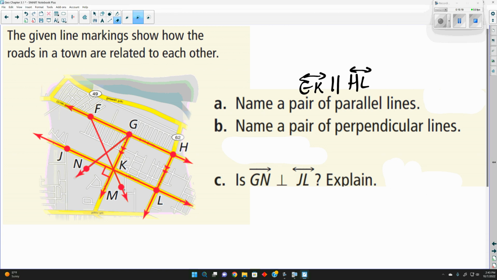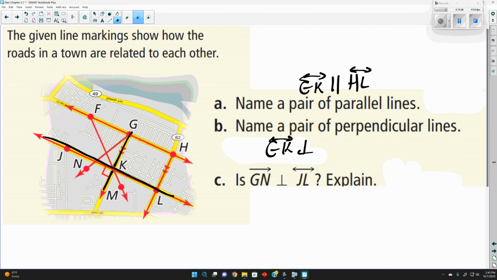So we would still be looking at GK, and the line perpendicular to it is this one here.